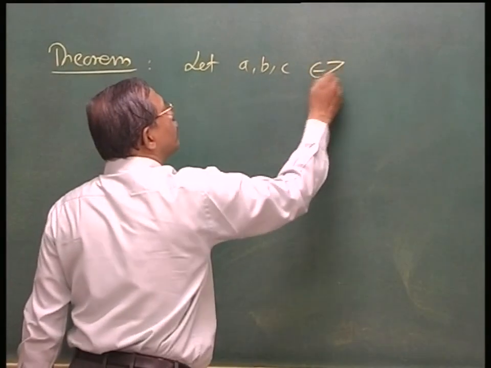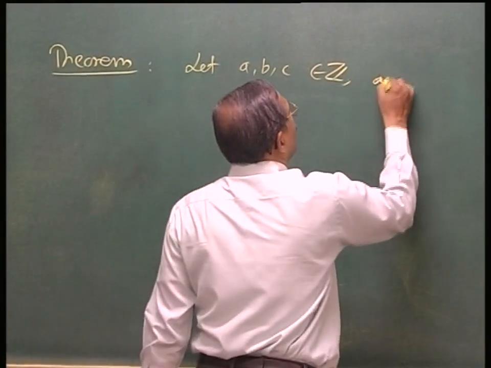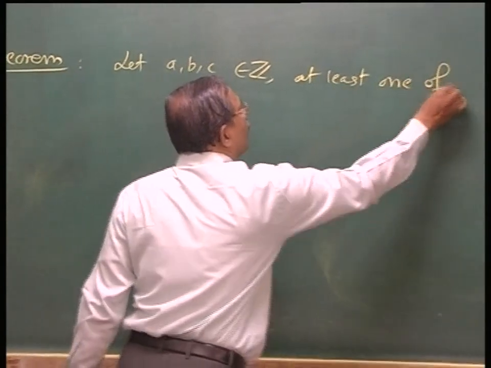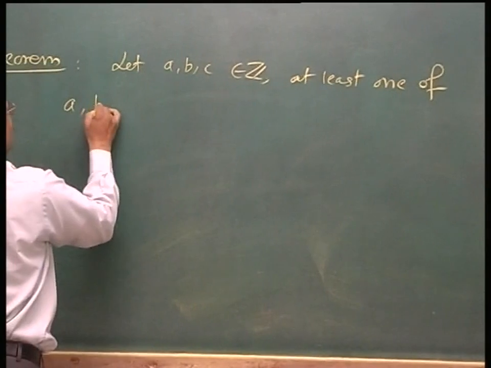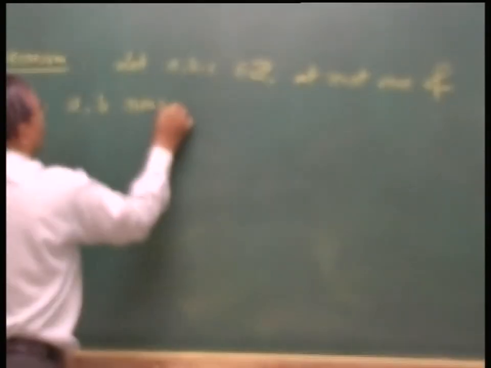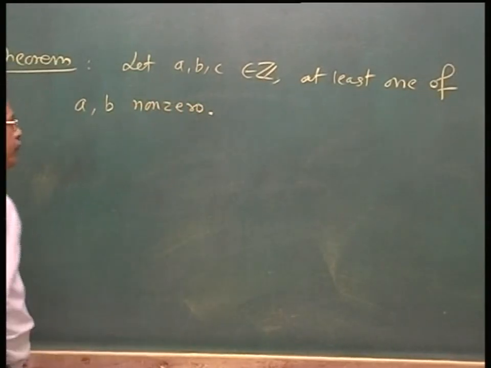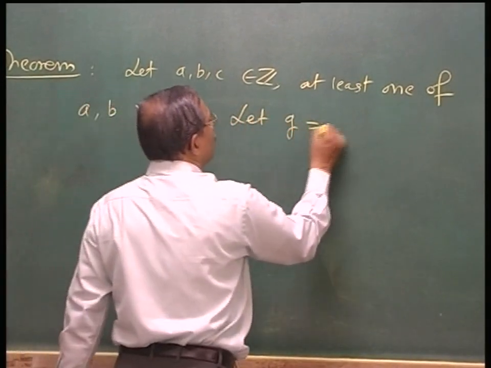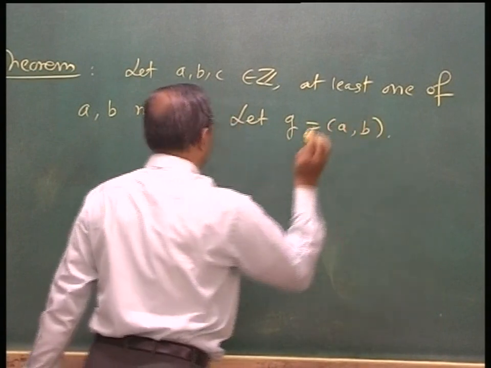let a, b, c belong to Z, at least one of a, b non-zero. Let g equal gcd of a and b.